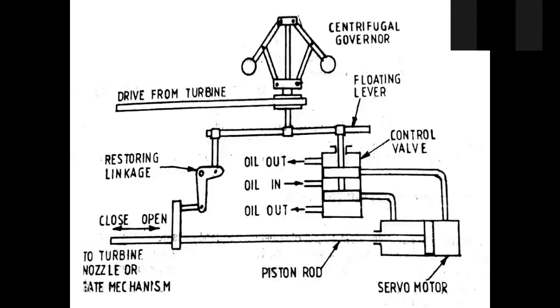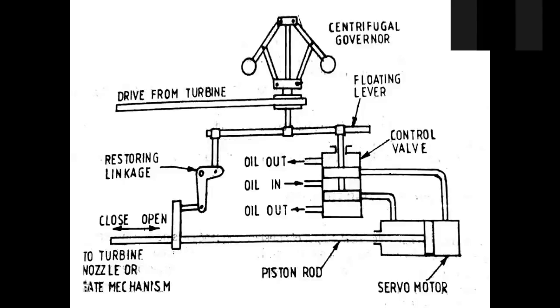When fly balls rotate at a high speed, they tend to go upward due to centrifugal force. When these fly balls go upward, they move the floating lever up. So due to centrifugal force, the balls move up. In turn, the floating lever which is connected to this centrifugal governor moves upward.